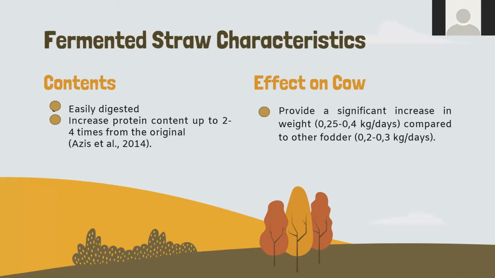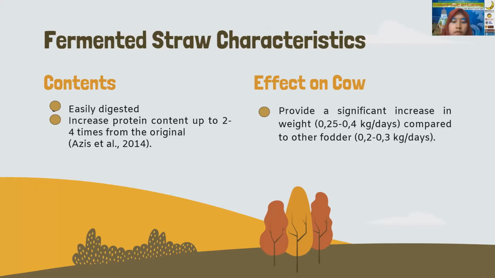Fermented rice straw has good characteristics, both in its contents and its effects on cows. In its contents, fermentation makes the lignin and silica in rice straw easily digested. This treatment can also increase the protein content in rice straw by 2 to 4 times from the original.